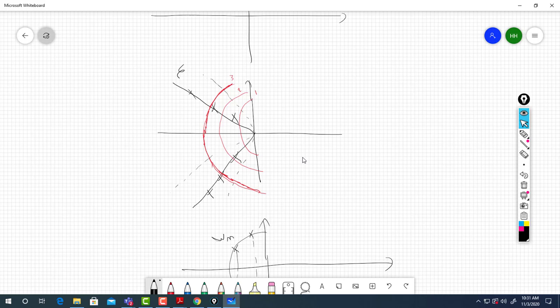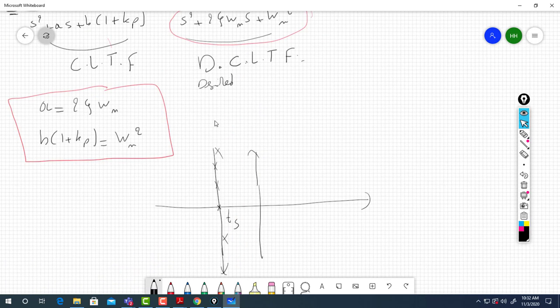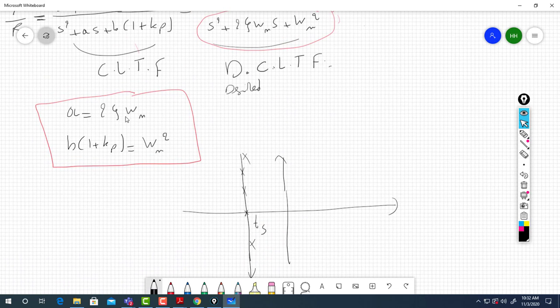There is a relation between them, so omega n is at the end a function of zeta. If you fix omega n, then you can compute zeta, so you have only one zeta. That's why here you have 1 degree of freedom. You see, omega n equals a over 2 zeta.